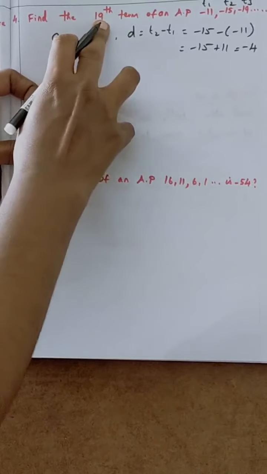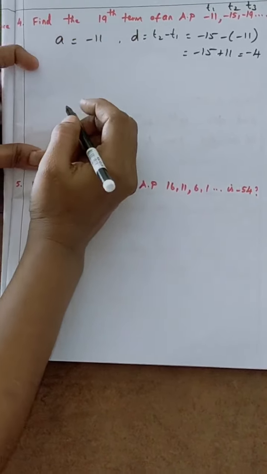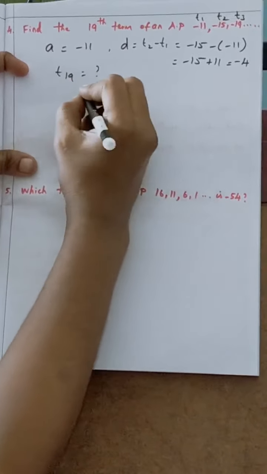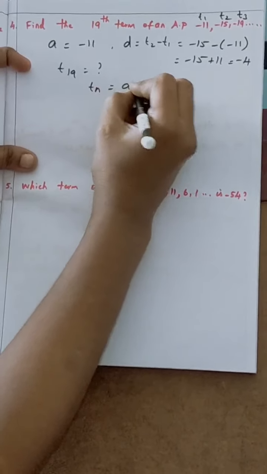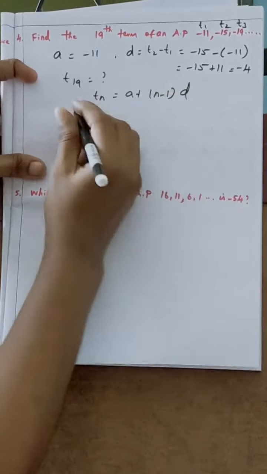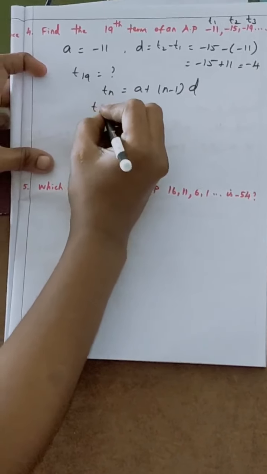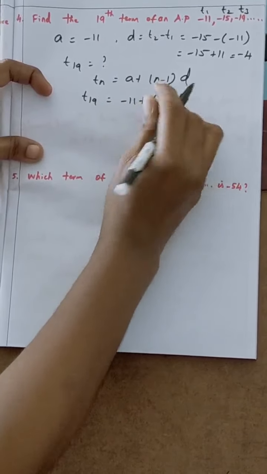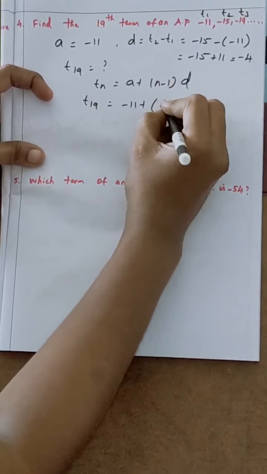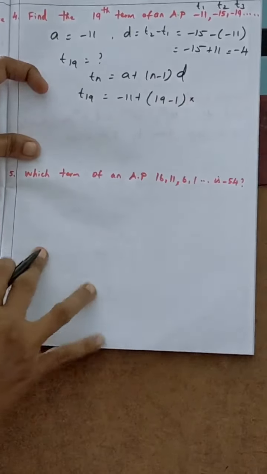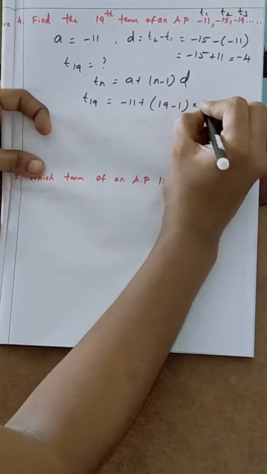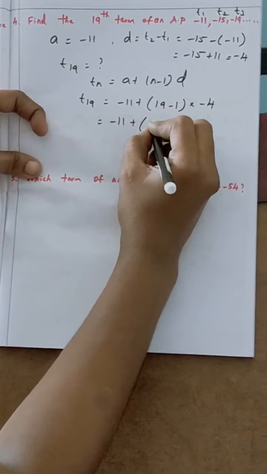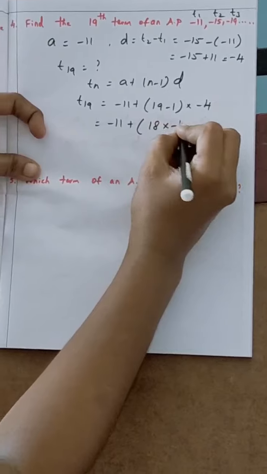Now find T19. The nth term formula is to be applied. So find T19 only, put the question mark. What is the nth term formula? Tn equal to A plus n minus 1 into D. Find the 19th term. So T19 equal to, what is the A value? Minus 11 plus n, the number of terms, so 19 minus 1 into, what is the D value? Minus 4. Minus 11 plus 19 minus 1 is 18 into minus 4.